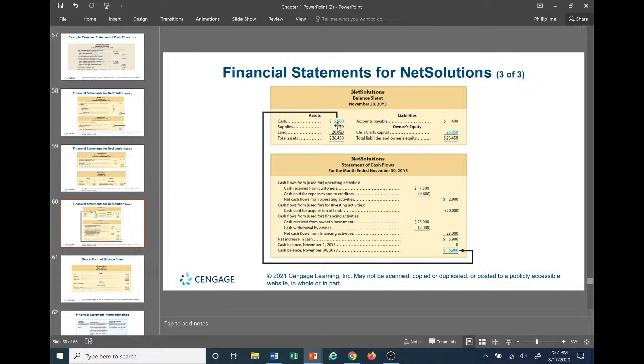That $5,900 should match the cash balance at November 30th, 2003 on the statement of cash flows, which is derived from all the cash used or brought in from your operating, investing, and financing activities. So that ending cash balance should directly match your cash balance on your balance sheet.